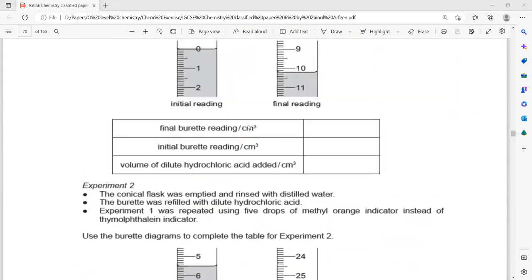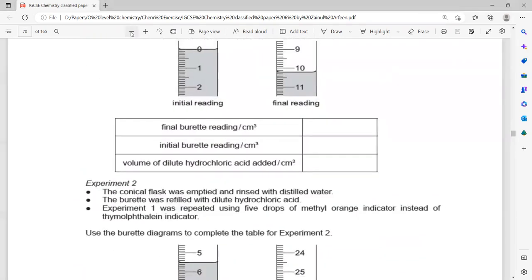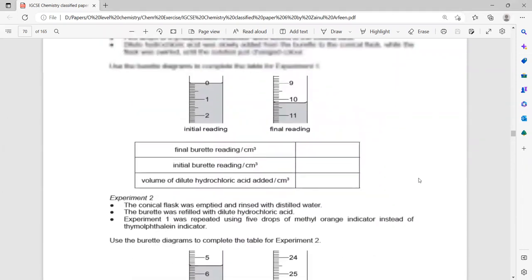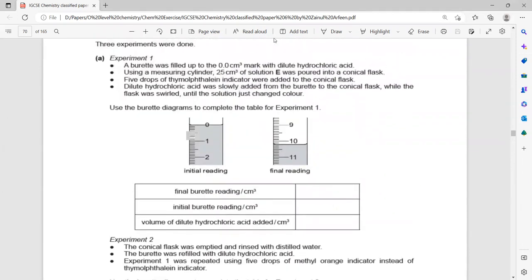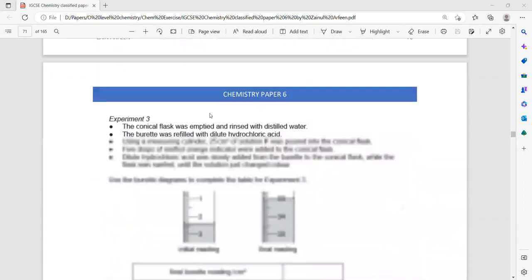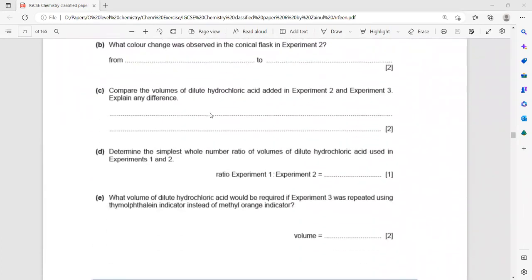So if you check the first one, here when we use thymolphthalein, we need 10.2 cm³ of HCl for a complete reaction. And we identified that the concentration ratio between E and F is 1 is to 1.5.